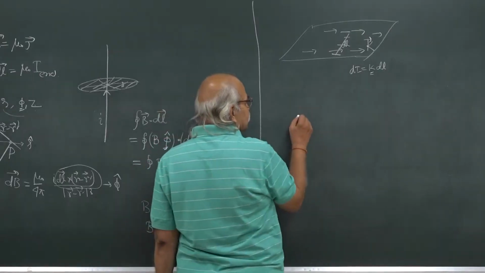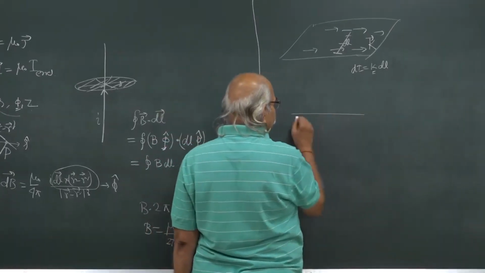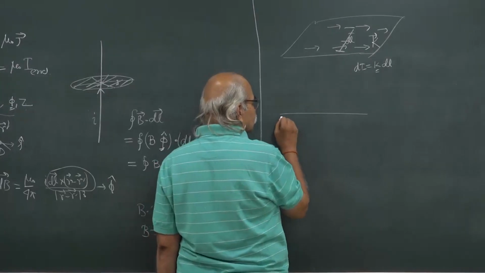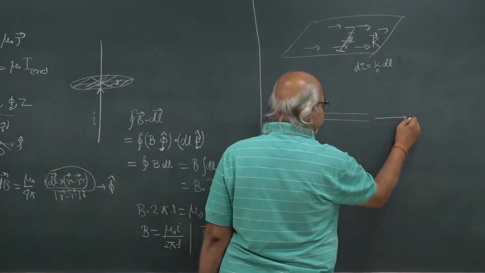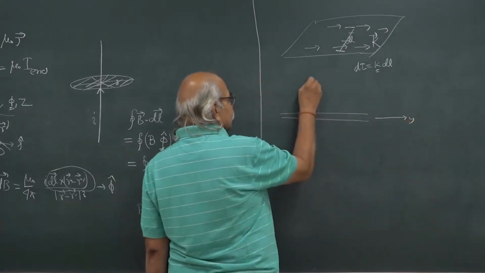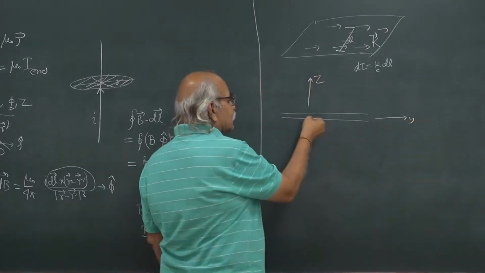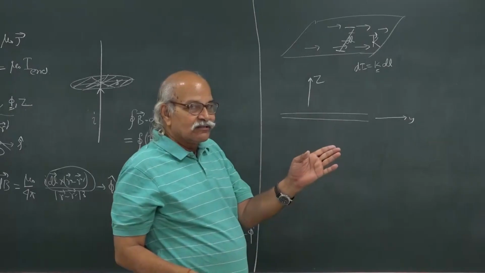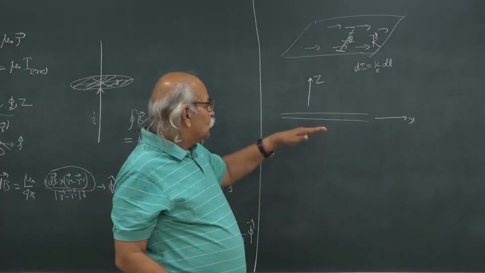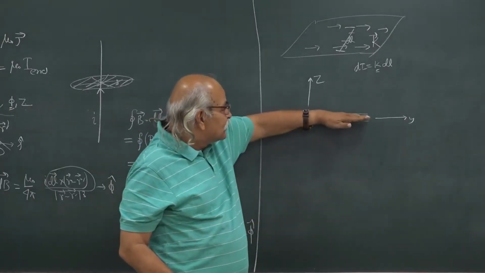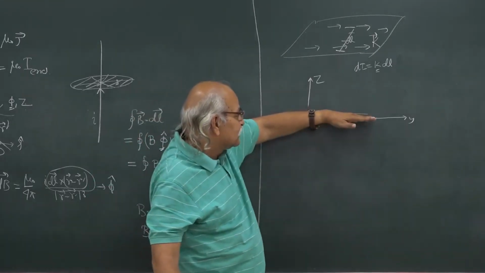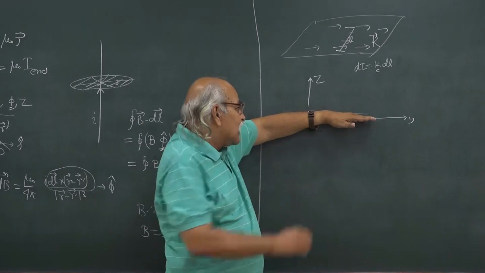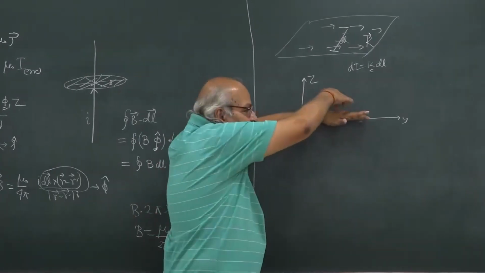Let us draw the perspective of the yz plane. So, y direction is this, z direction is this, and x direction is perpendicular like this. The entire surface on which the current is there is this surface, and this is the xy plane, and in the x direction we have current.